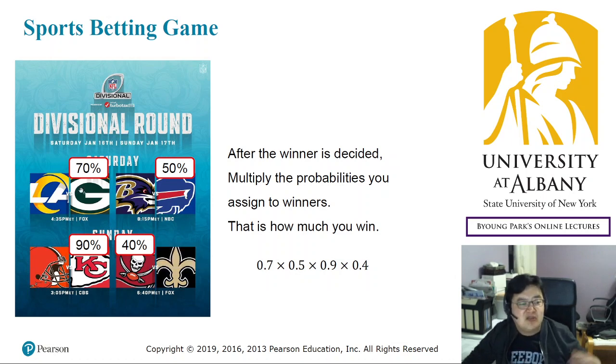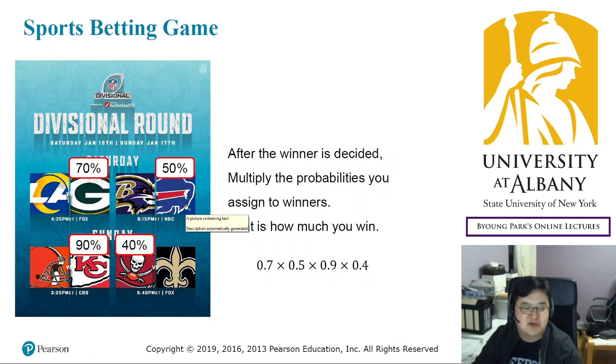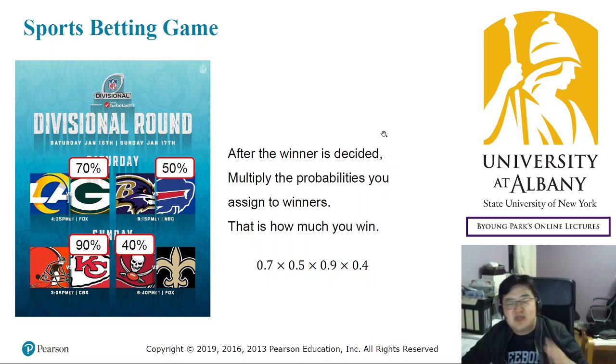In total, you multiply them, because they are probabilities and it is natural to multiply all of them. This is how much you win. Say 70 times 50 times 90 times 40 is your prize. Of course, it's an imaginary game. So this is what we are going to play.